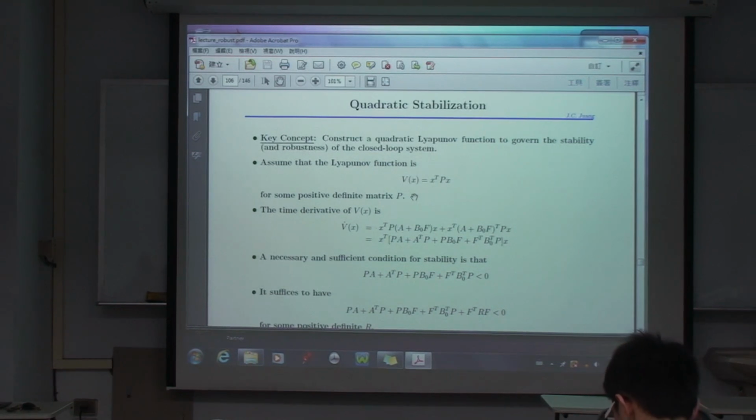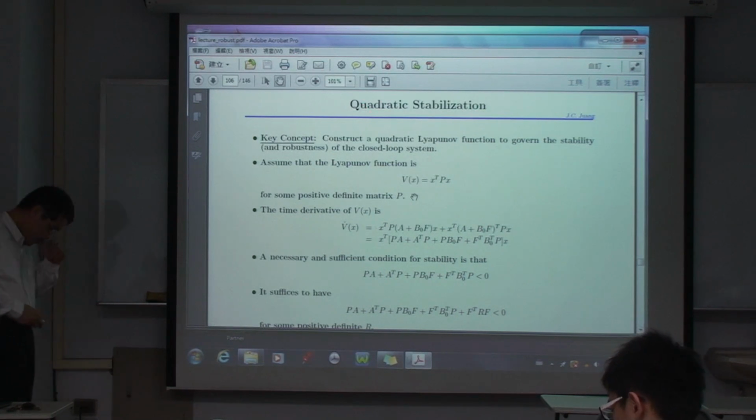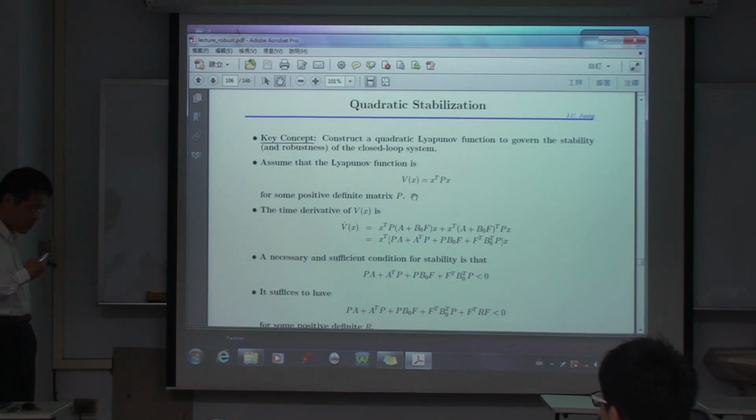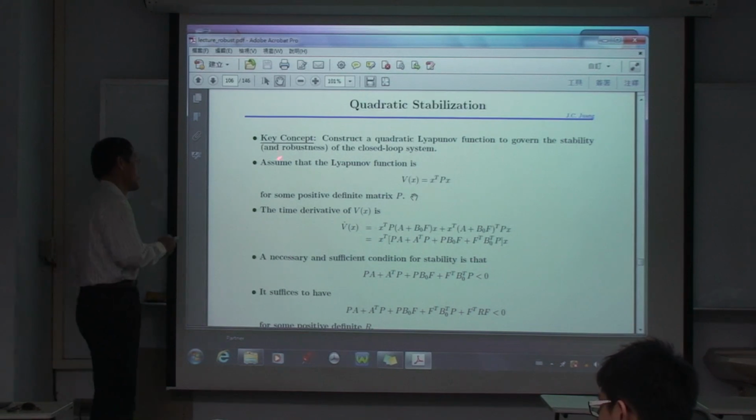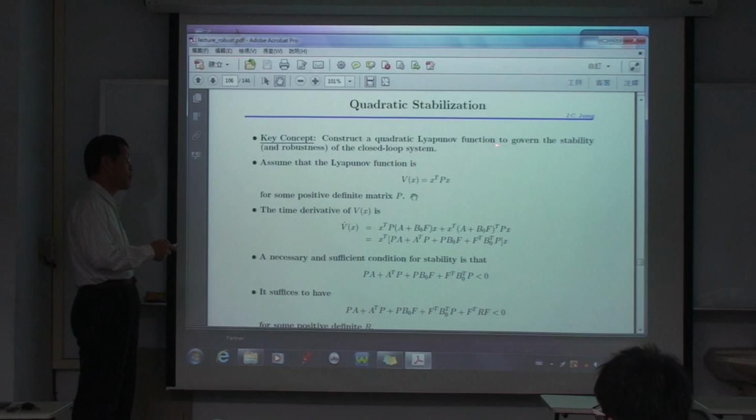So first of all, we'll take a look at the so-called quadratic stabilization. It's a way to stabilize the system, but quadratic stabilization is a special class of stabilization technique. And the key concept is as follows. You construct a quadratic Lyapunov function to govern the stability of a closed-loop system.